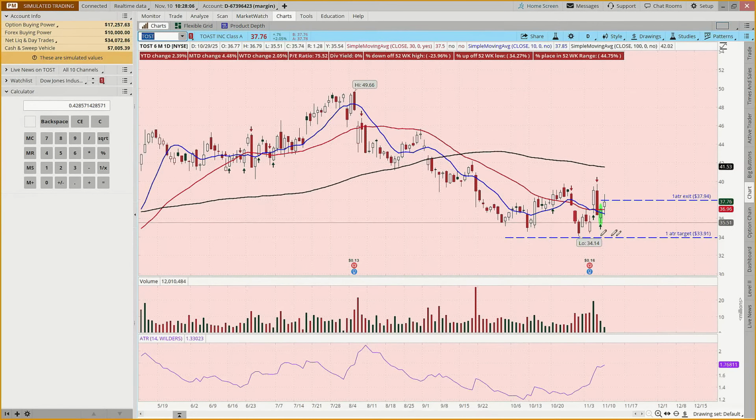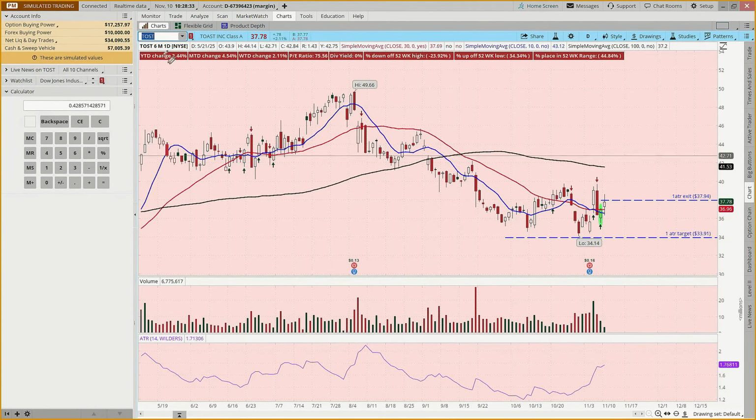When we put this on, it was a bearish candle and then it rallied at the end of the day, as many stocks did. This was our 1 ATR target, and here was our 1 ATR exit. When I first looked at it, this was a very long tail doji, but it hit our exit.